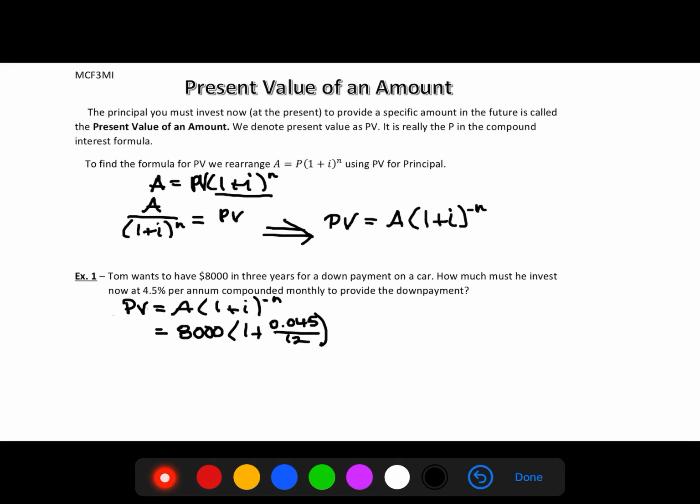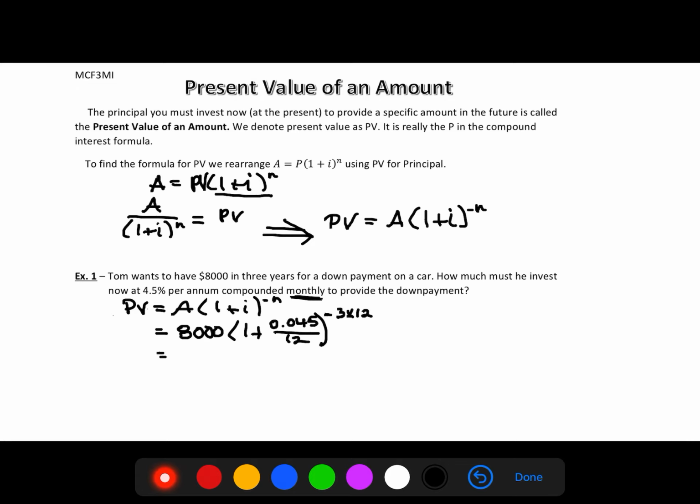Remember that we have to adjust our i and our n for per period. So we're going to take our 0.045 as a decimal, and we're going to divide it by 12 because we're figuring out the interest for each month.